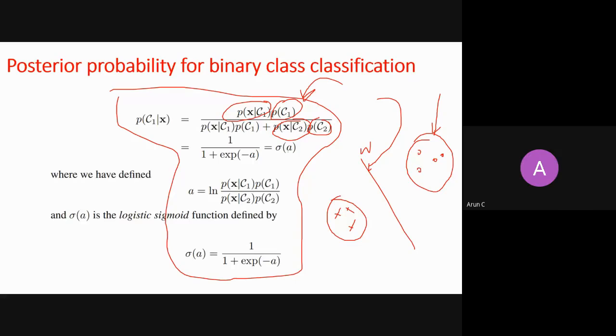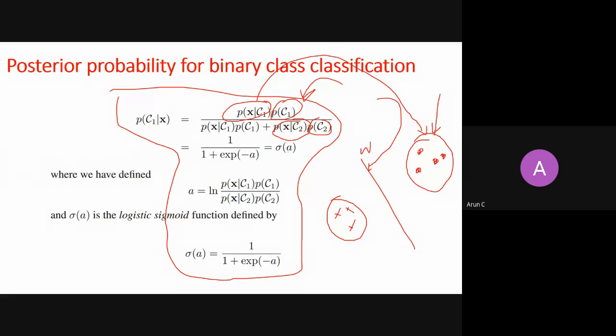So I am interested in knowing what is my mean and variance, right? The moment I know my mean and variance, then I can find out the probability of this X, this X, this X. So I can find out my conditional probabilities the moment you give me the mean and variance.